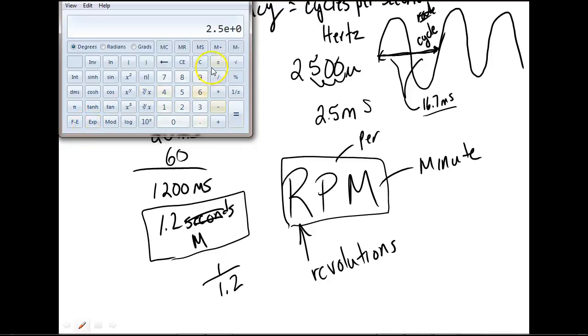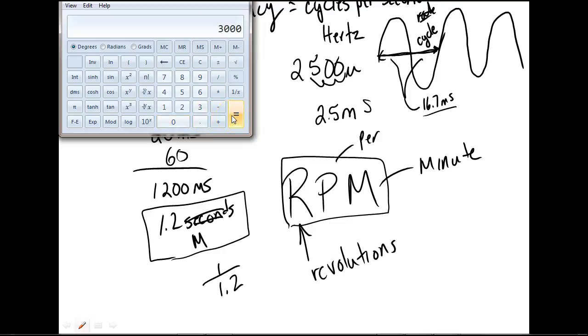Times 10 to the negative third. Times 8. Then we take the reciprocal of that. So somewhere we got off. Sorry, we did it backwards. I take the reciprocal of that, and then I multiply this times 60.